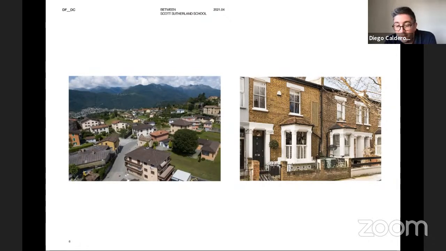Probably I should have said this first, but we have two offices. We have an office in London, which I lead, and Dario, my partner, is mostly based in the Swiss studio, which is in Lugano or outside Lugano.